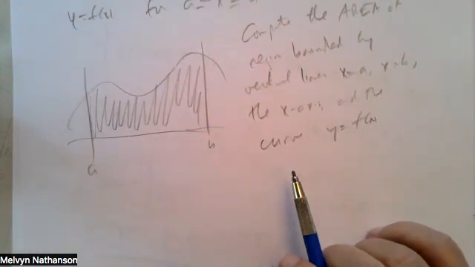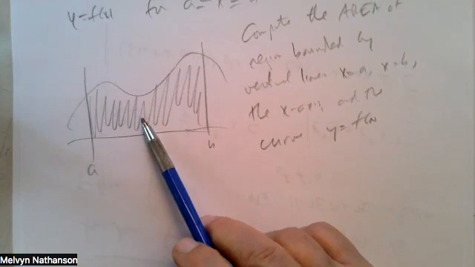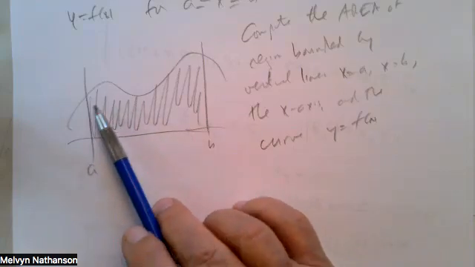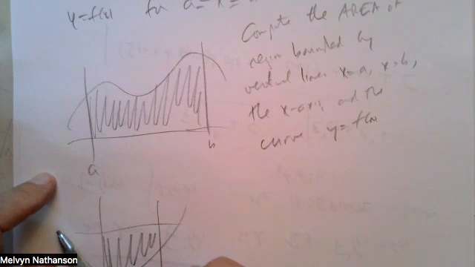And the convention is that we consider area above the x-axis positive and area below the x-axis negative. So the area between this curve and the x-axis will be positive. If we had a curve that looked like that, say in this region, this is y equals 0, this is the x-axis, a and b.